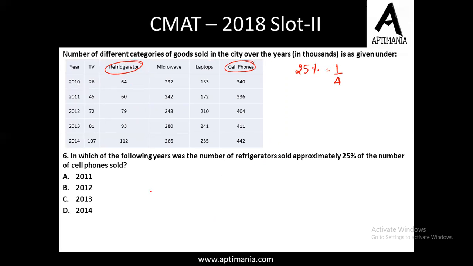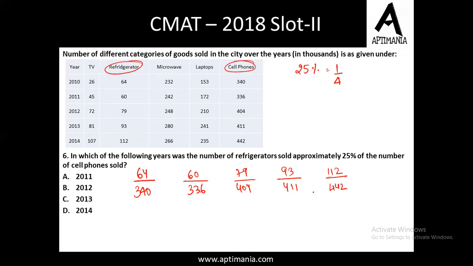So I'll calculate refrigerator over cell phone and take out which ratio is closest to 1 by 4, right? So it is 64 upon 340, then 60 upon 336, then 79 upon 404, then 93 upon 411, and the last one is 112 upon 442.